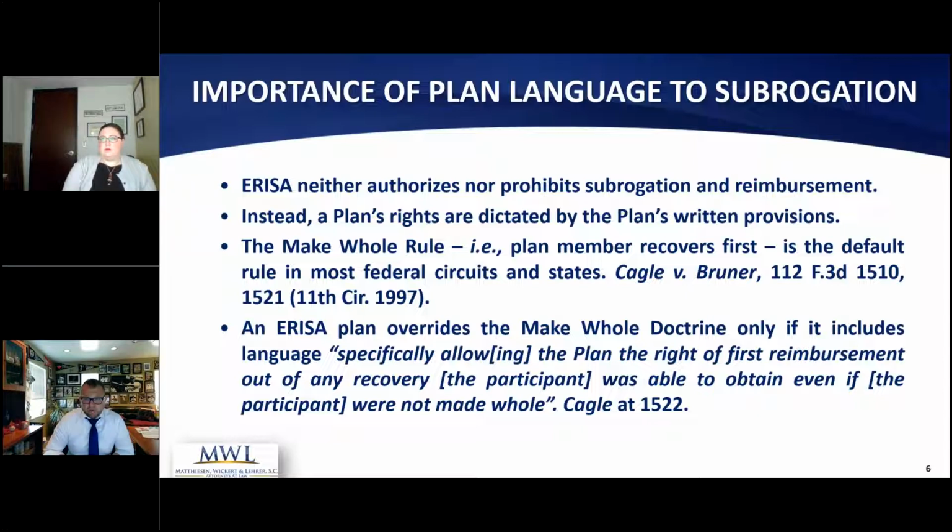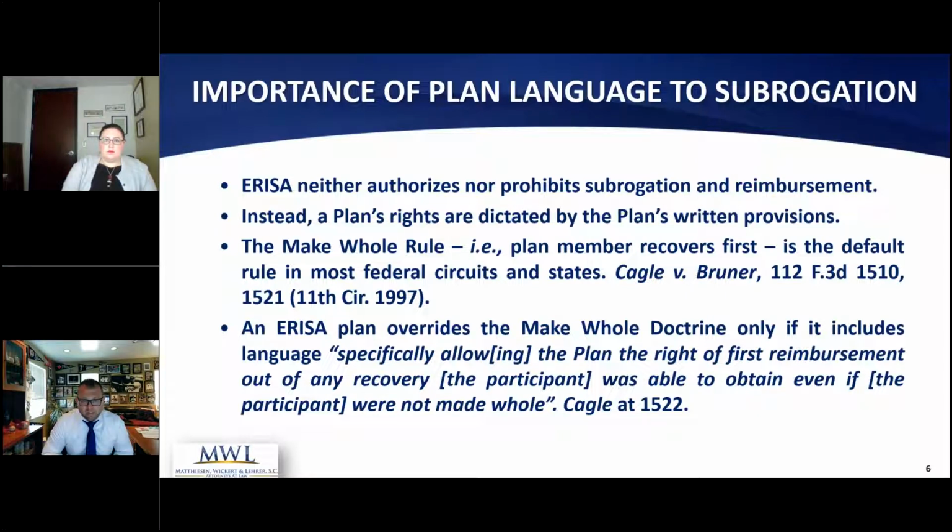Now, it certainly makes sense that they do, because one of the obligations that fiduciaries have is to control plan expenses, and third-party recoveries through subrogation and reimbursement help contain costs for a plan. So it makes sense that they have those in there. But you are going to be completely on your own based on what language your particular plan has selected for its subrogation provision.